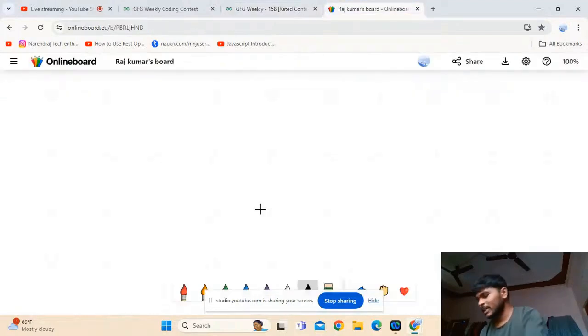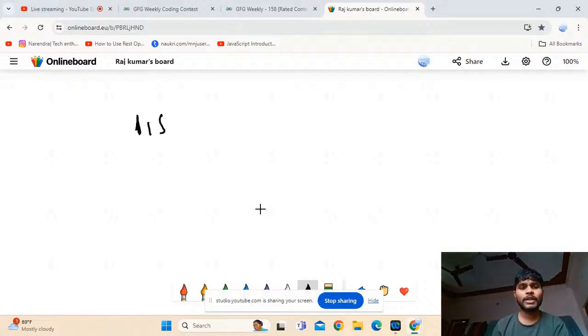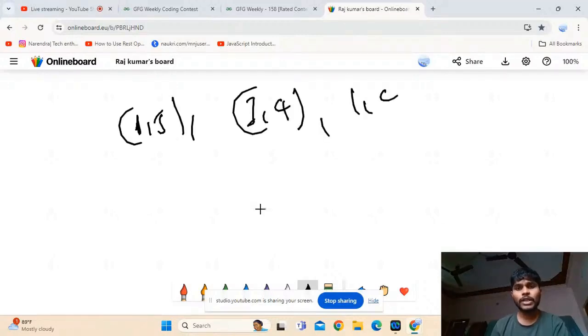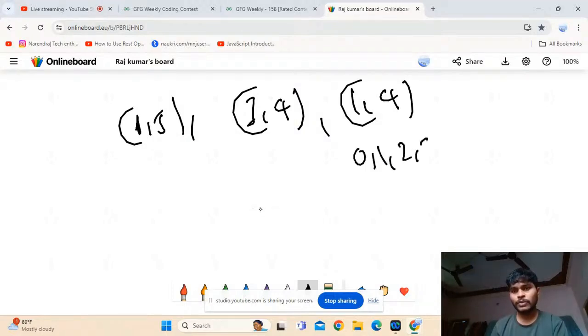Guys, at the starting position, I did a similar type of problem earlier also. You can check it on my YouTube channel. At the starting position I am increasing the value. For example, 1 to 5, 3 to 4, and 1 to 4 are given, right, in the first one. So I am taking the dp array from 0 1 2 3 4 5, including the last position also.